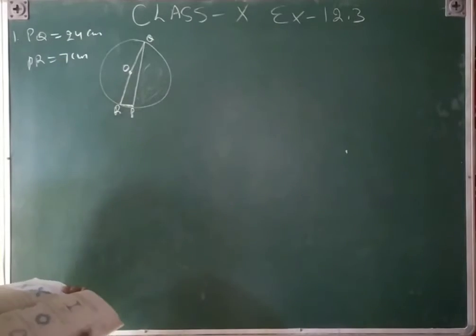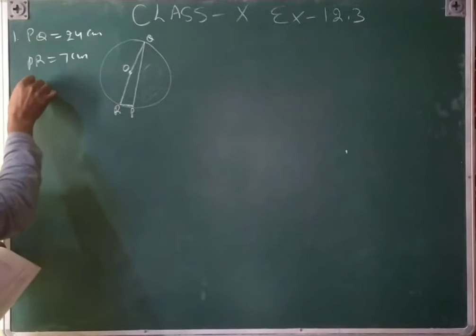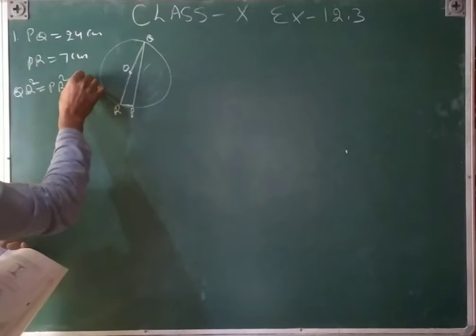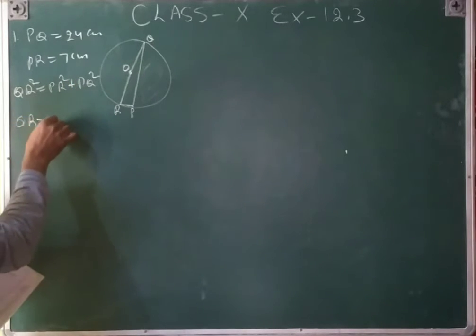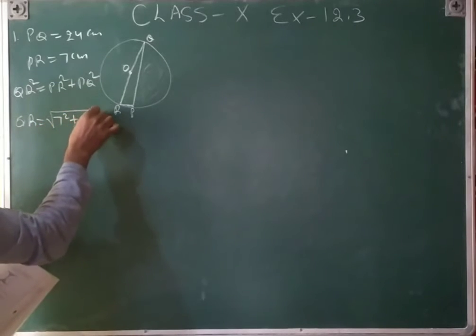So first of all we will find QR. QR square is equal to PR square plus PQ square. So QR is equal to under root 7 square plus 24 square.